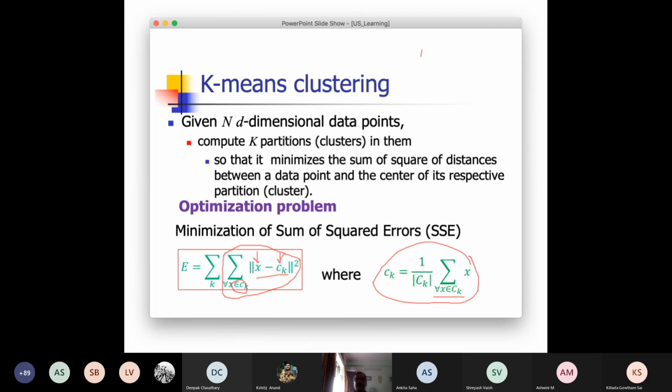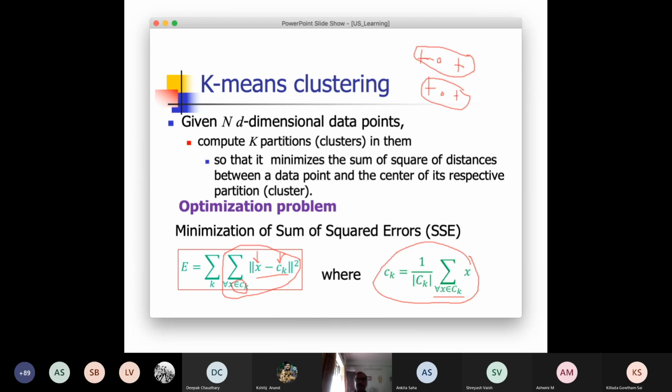So let me give you an example. Suppose you have, say, these 4 data points, and you define a partition, say this partition and this partition. How do you compute the sum of squared errors? Compute the mean of this partition, suppose this mean is here, and compute the mean of this partition, suppose this mean here.